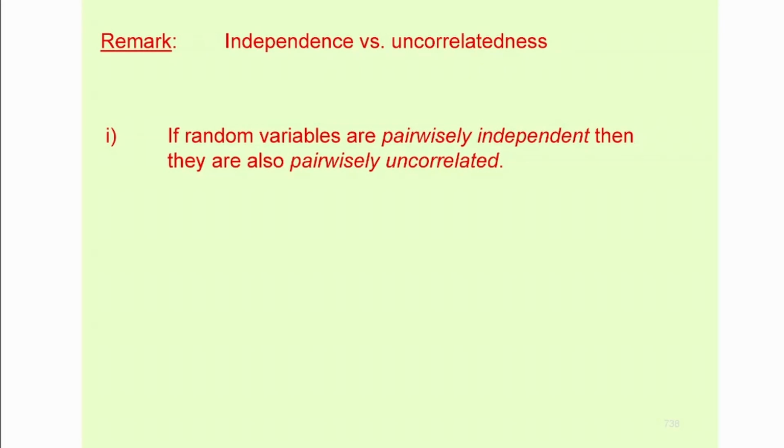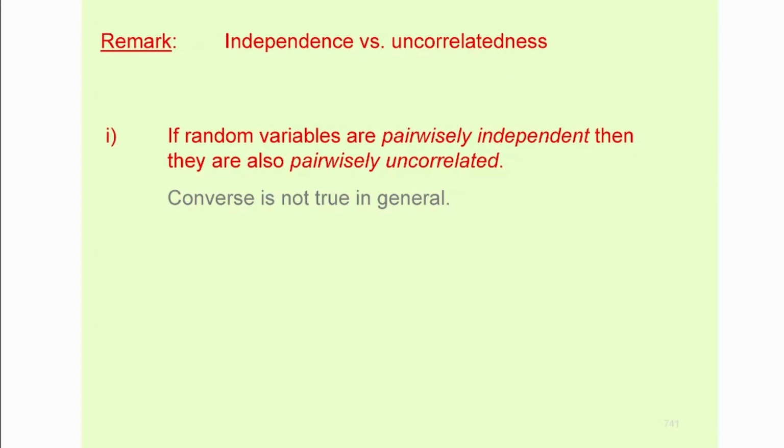Independency technically means that there is absolutely no relationship between them at all. The definition says that their joint cumulative distribution function is equal to the product of their marginal cumulative distribution functions. That's what it is meant to be. Now, the converse is not true in general, guys.